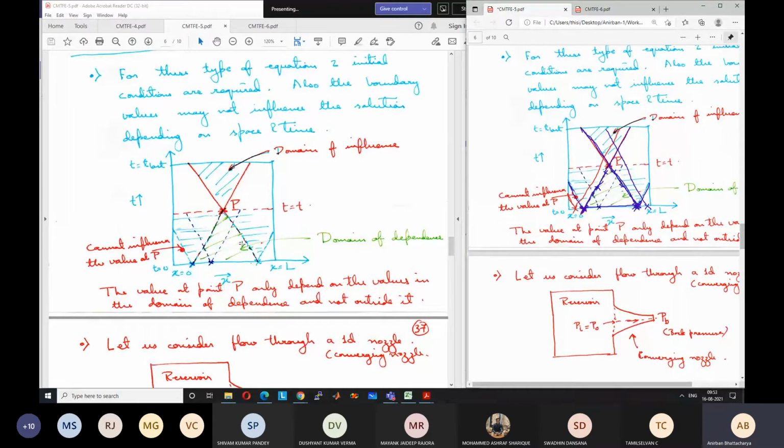I will simplify the question. Say this is a point in space and time. So say this point is at x equal to c1, and at this point the time is t. Can this point be influenced by all the boundary, like along which line is the boundary condition for time given?